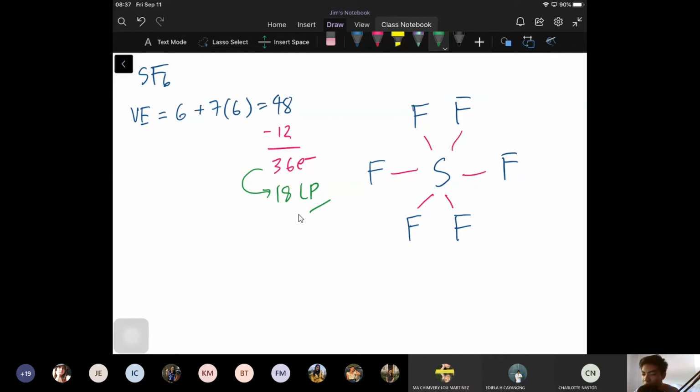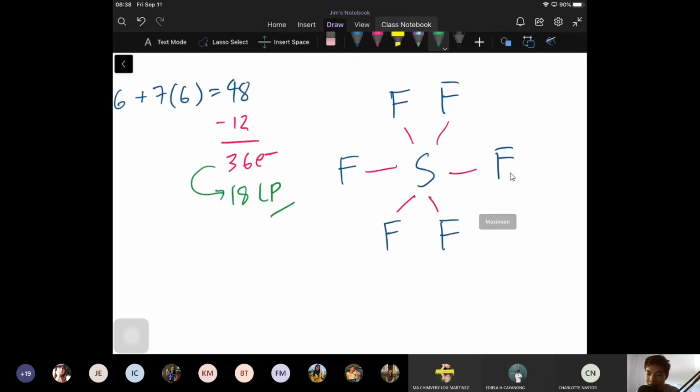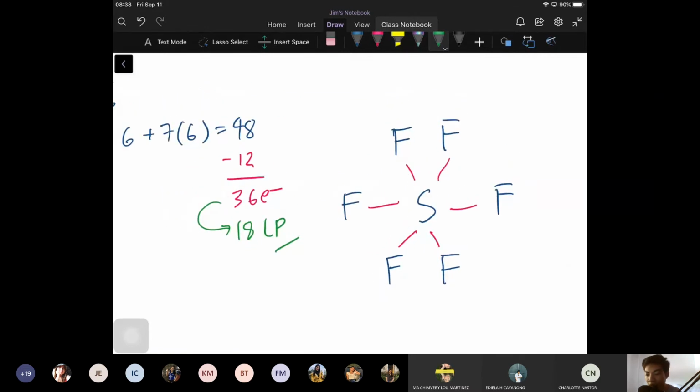So, when distributing lone pairs again, you start with the terminal before the central, di ba? Okay, so let's look at this fluorine. Parang yung katulad ng ibang fluorine din, may 2 electrons na siya around it. So, it requires 6 more or 3 lone pairs na.